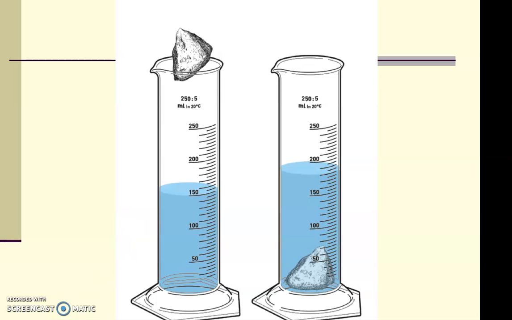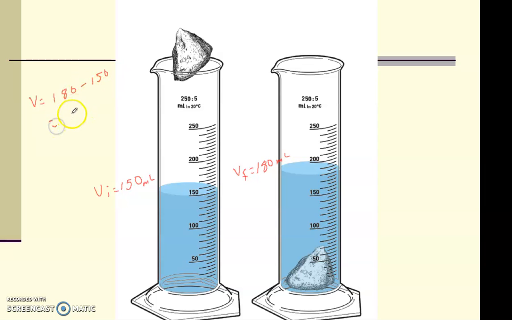Let me grab my pen. Your Vi equals 150. Your Vf equals 180 mL. So your volume equals 180 minus 150.